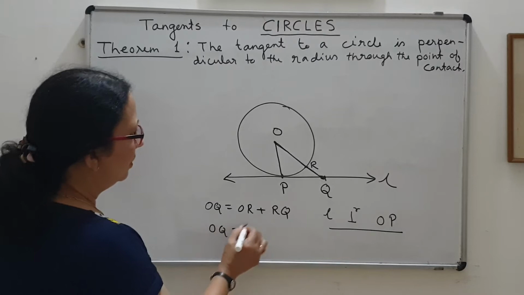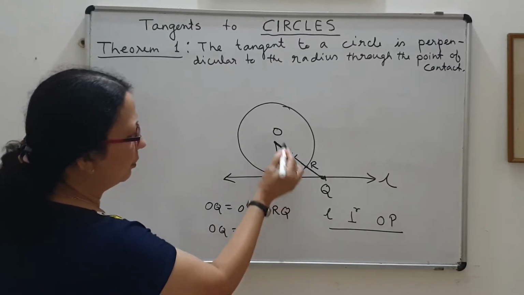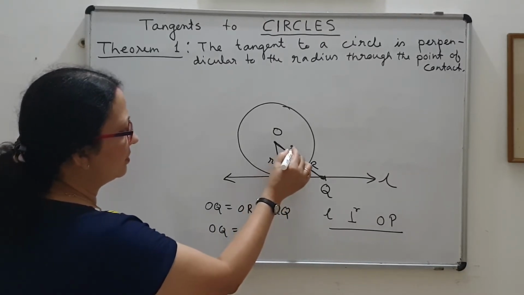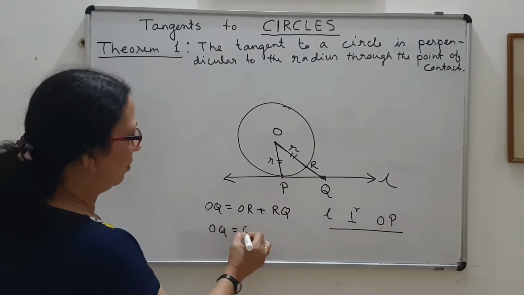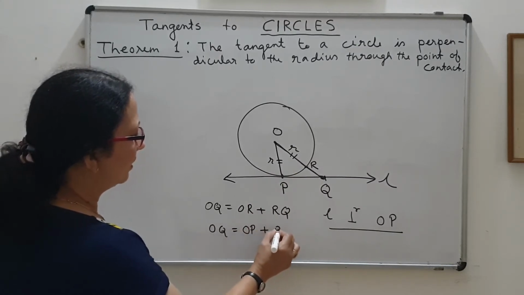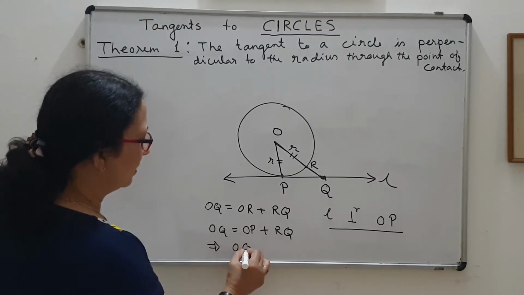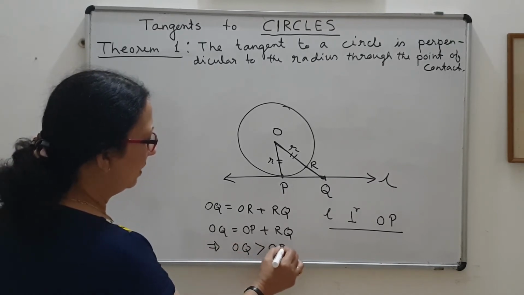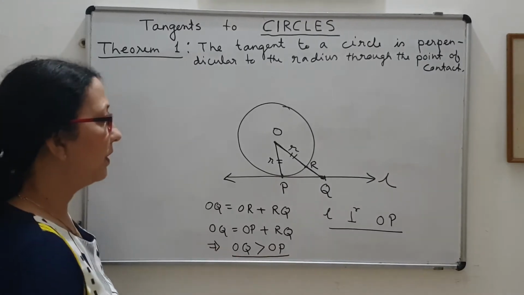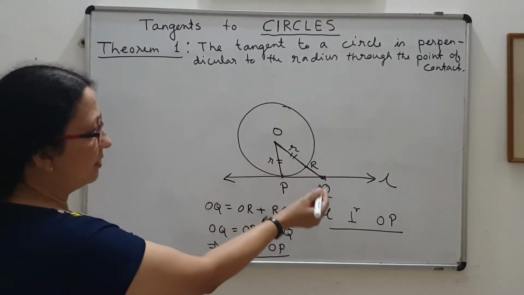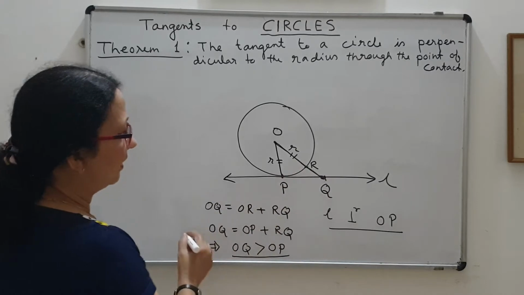OR is equal to OP, both are radius. This is radius, this is also radius. So in place of OR, I write OP, so OQ is equal to OP plus RQ. That means what? That means OQ is greater than OP. This we conclude just from the logical reasoning, looking at the diagram.